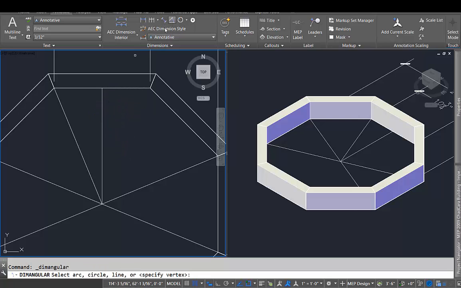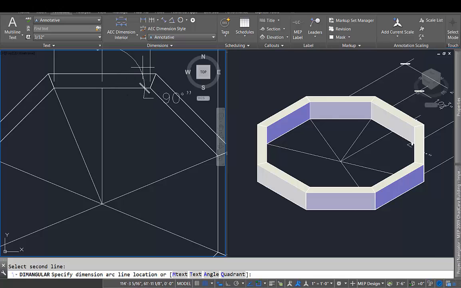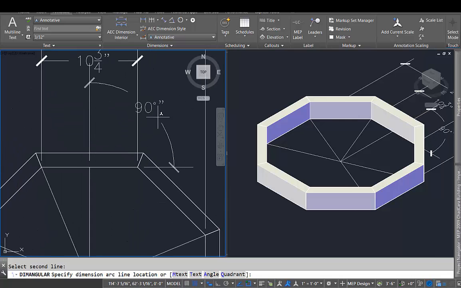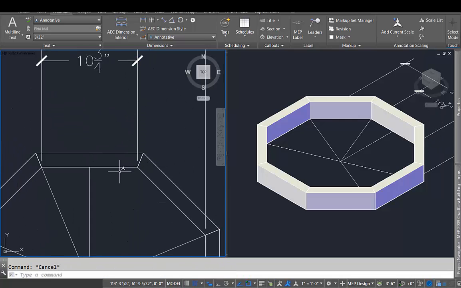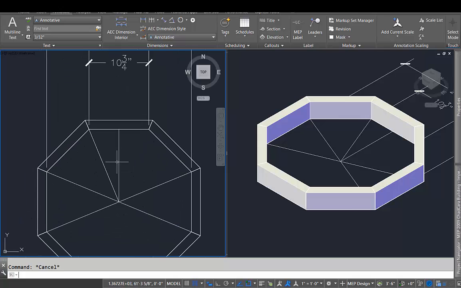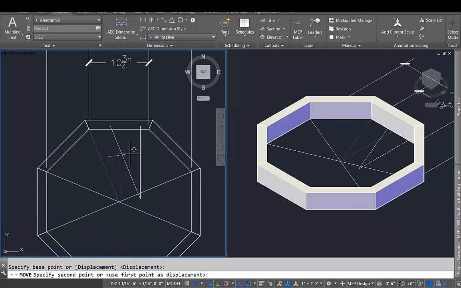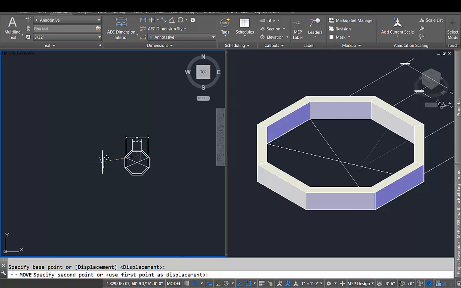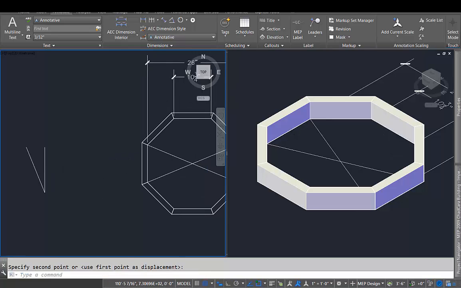Let's go ahead and verify that that is 90 degrees. From here to here, yes, indeed, that's 90 degrees, right? So great. Now let's move this off to the side, and we'll come back to this shape here in a little bit.